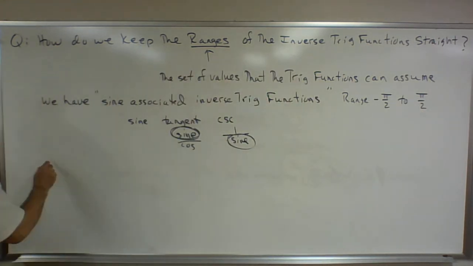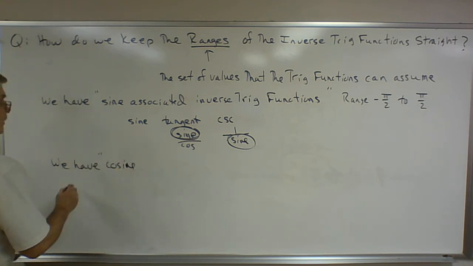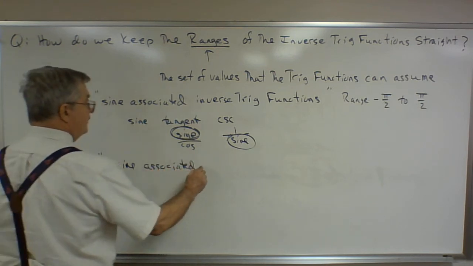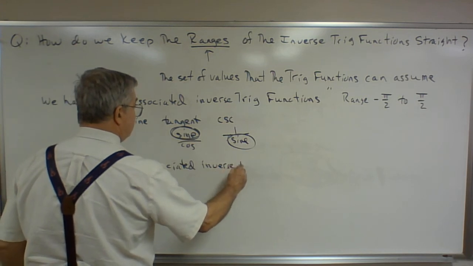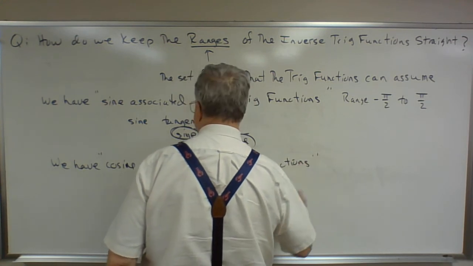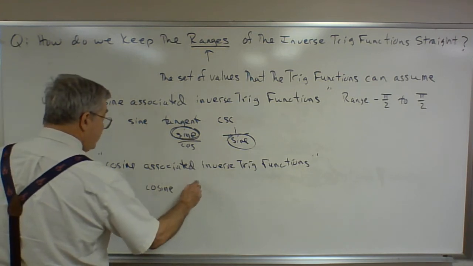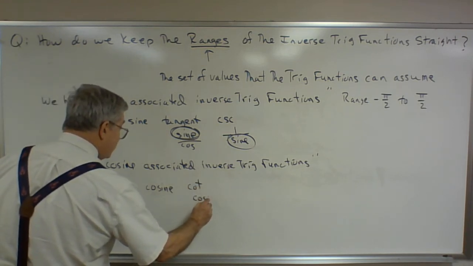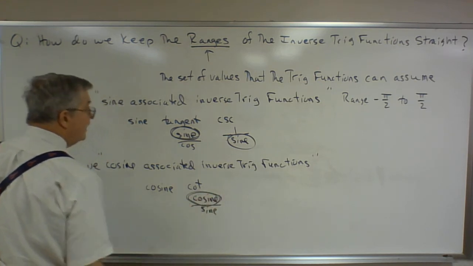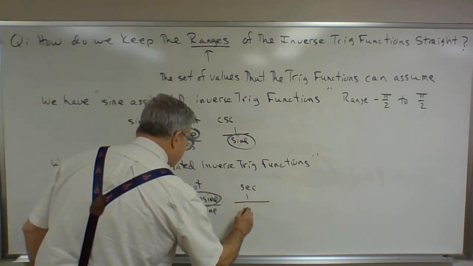And then we have cosine associated inverse trig functions. Inverse cosine, cotangent, because that's cosine on top and sine on the bottom, and secant, because that's 1 over cosine.